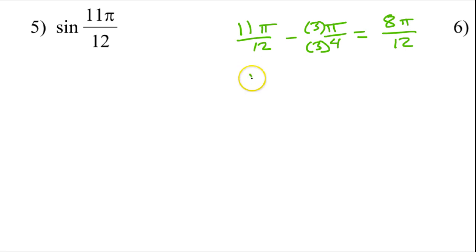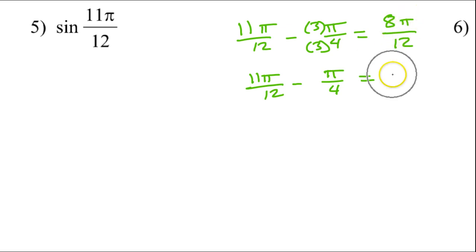So this is the same thing as having 11 pi over 12 minus pi over 4, or I'm just putting it back to its simple form. And I will also reduce this. Let's see, these are both divisible by 4, so this will be 2 pi over 3. Now, I need to get this by itself so I can see what this equals.